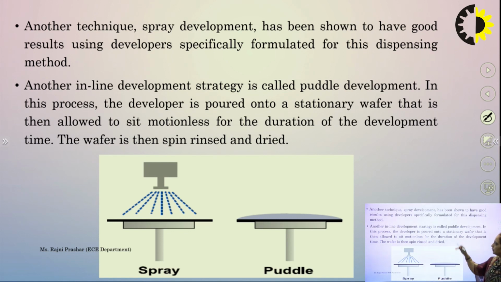In the spray method, the developer solution is spread all over the substrate, and in the puddle method, we keep the developer solution stationary on a turntable, and then this developer will be spread around the wafer. Then it is spun and dried.